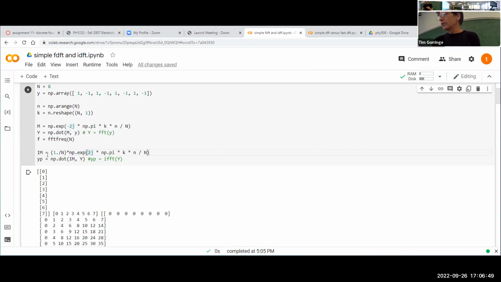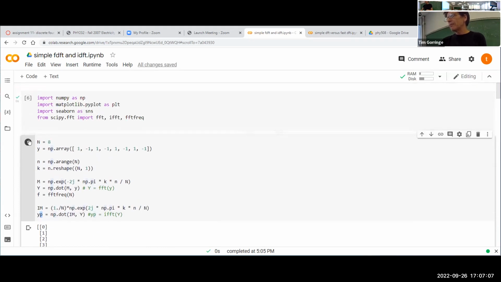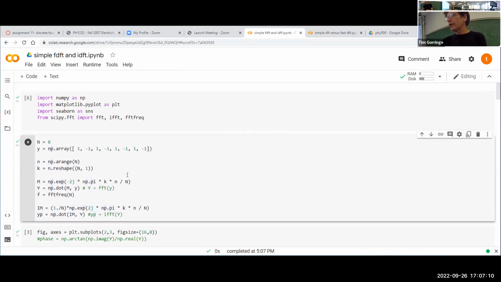Then I do the same kind of product of the matrix and the vector to give me my vector back in the time domain. I gave it a new name, y prime. And so that's basically my entire code here for doing the transform and going back again.